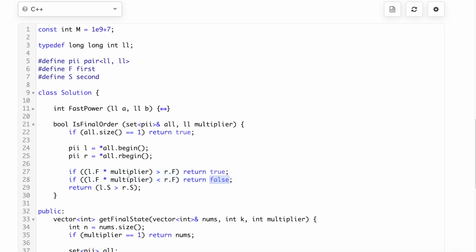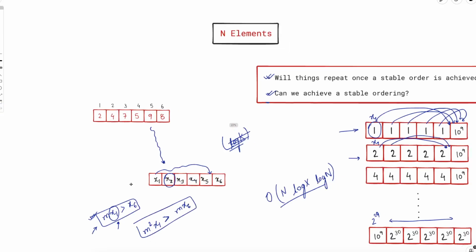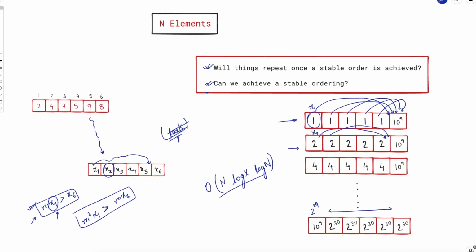If it is equal, then you need to make sure that the indexes are matching, because what you want is, after you multiply m here, this should go all the way back, right? Basically, if you multiply something here, this should beat the final value as well.